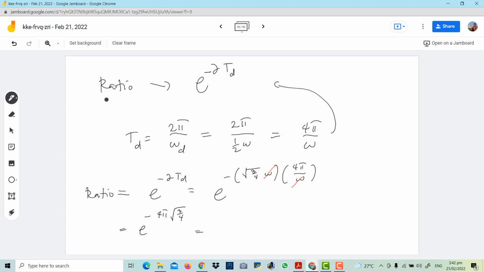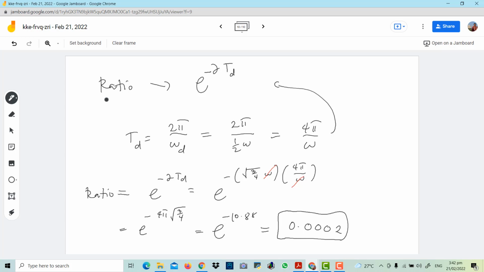And this is actually equal to e to the minus 10.88, or if you use your calculator, this is equal to 0.0002. Okay? So this will be your answer. This will be the ratio of its amplitude without damping and with damping.